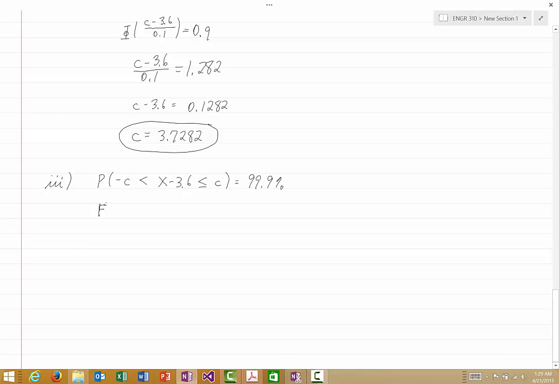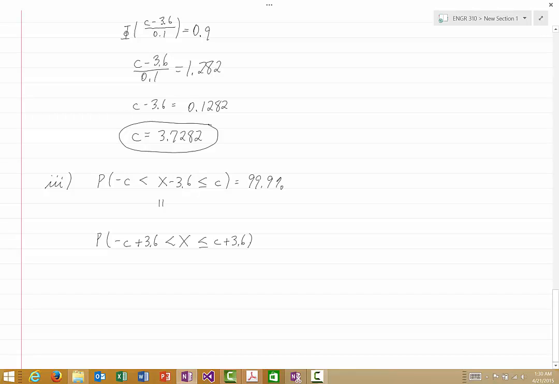The probability that negative c is less than x minus 3.6 is less than or equal to c is the same thing as the probability that negative c plus 3.6 is less than x is less than or equal to c plus 3.6.